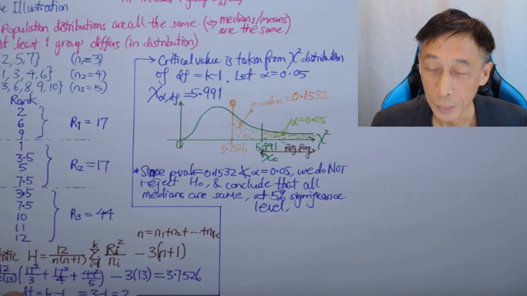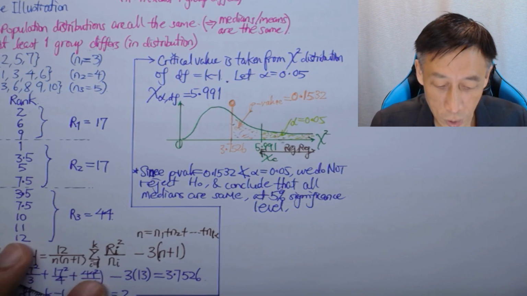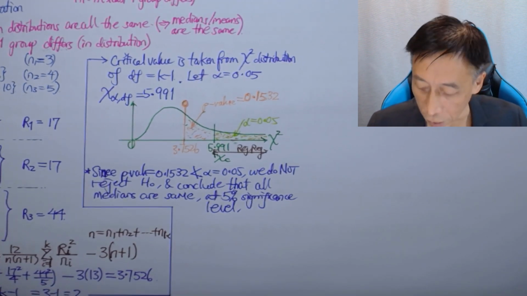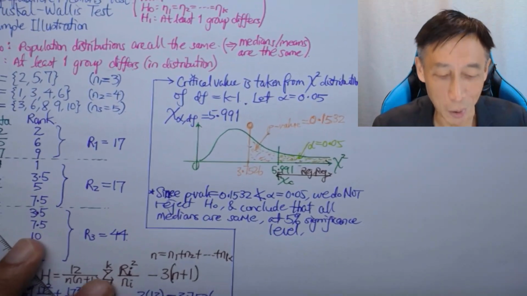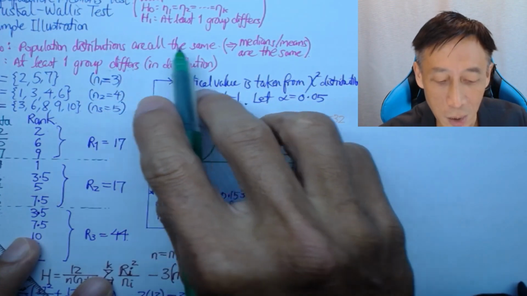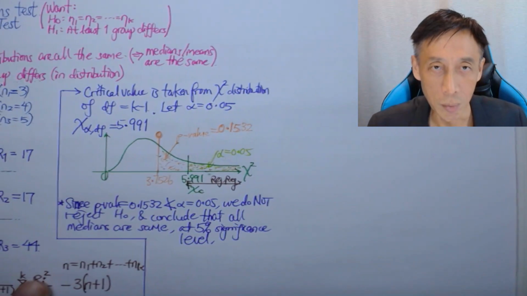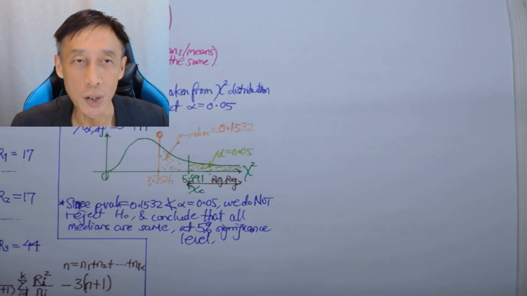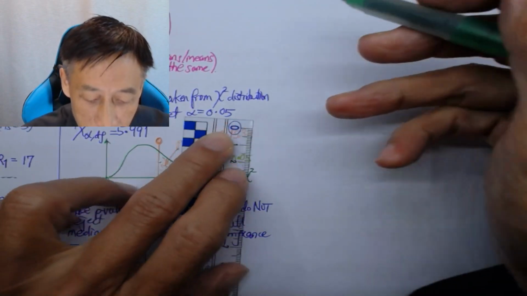Okay. So I'm done with my example, but I want to illustrate what's the big deal, or what's the difference here: population distributions are the same versus population medians are the same. What's the contrast here? What point is made by saying the words differently?